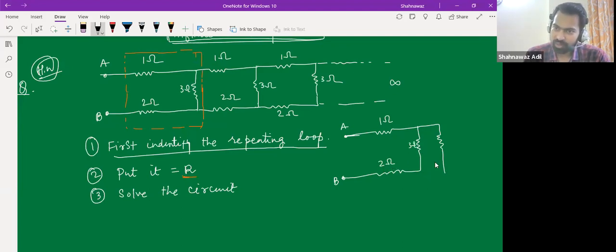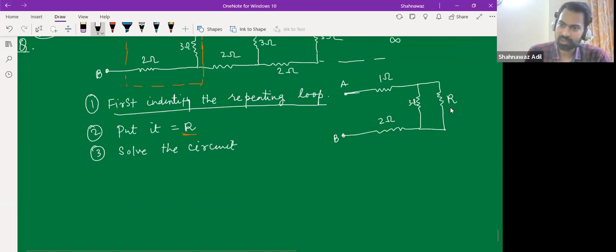And this is the repeating loop, which I just assume to be R. So the total would again be equal to R, right? Let us solve this circuit, and then this is the result that we want.